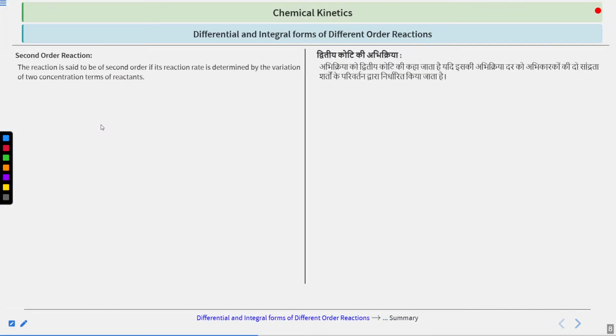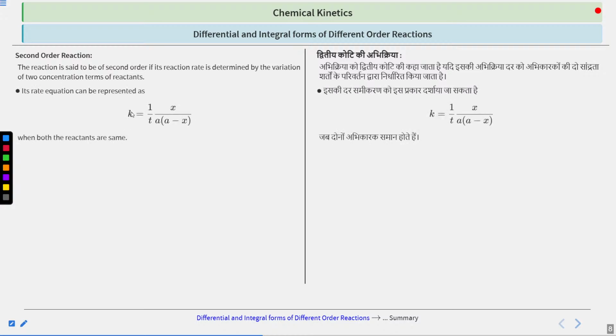Then we have the second order reaction. A reaction is said to be second order when the concentration has two terms, or you can say when the concentration is raised to the power 2. So again, the rate equation can be expressed in this way. I have directly written the integrated law, which is k is equal to 1 by t multiplied by x by a into a minus x.